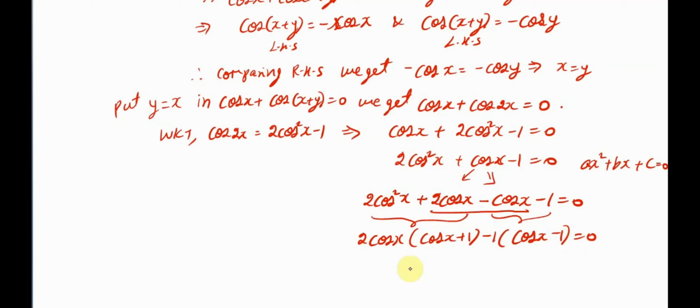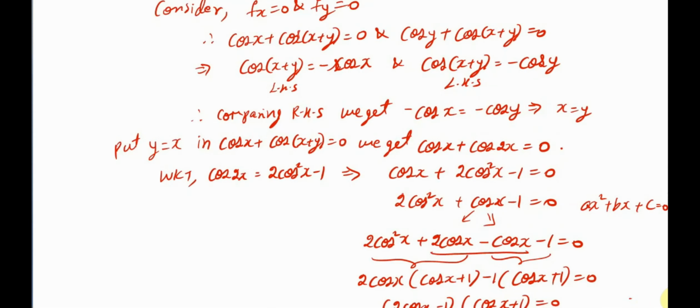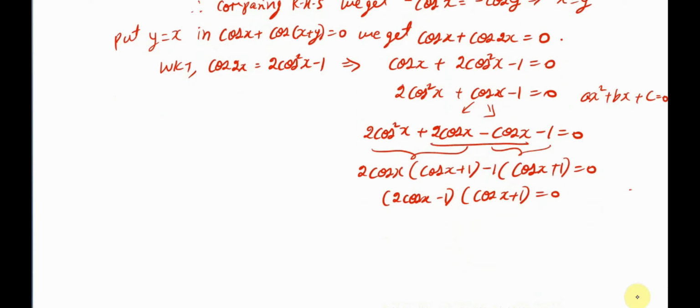So one can easily identify that 2 cos x minus 1 is a factor, and what remains is cos x plus 1, is equal to 0. Either this part must be 0 or that part must be 0. So either 2 cos x minus 1 must be 0, or cos x plus 1 is equal to 0.